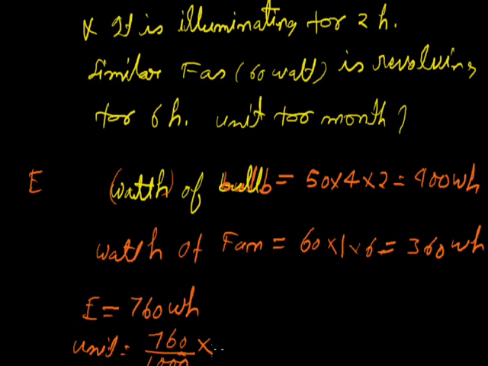We need it for 30 days in a month, so we multiply by 30. So the zeros cancel out, and we get 22.8 kilowatt hours, or we say units. This way we can calculate the units for the month.